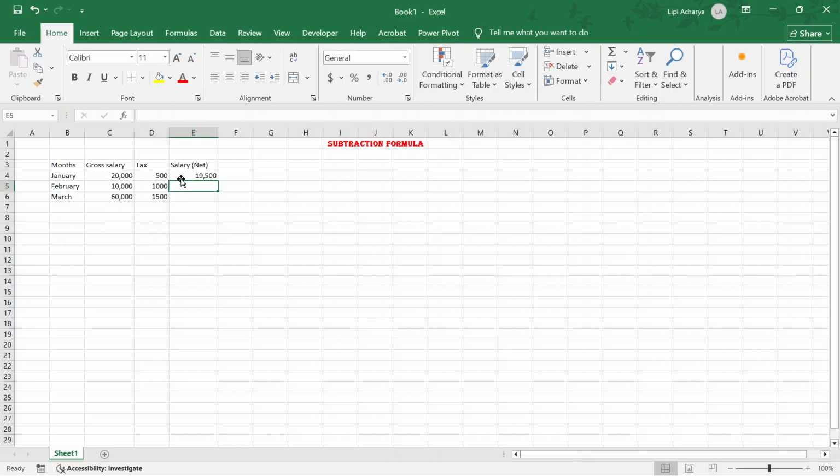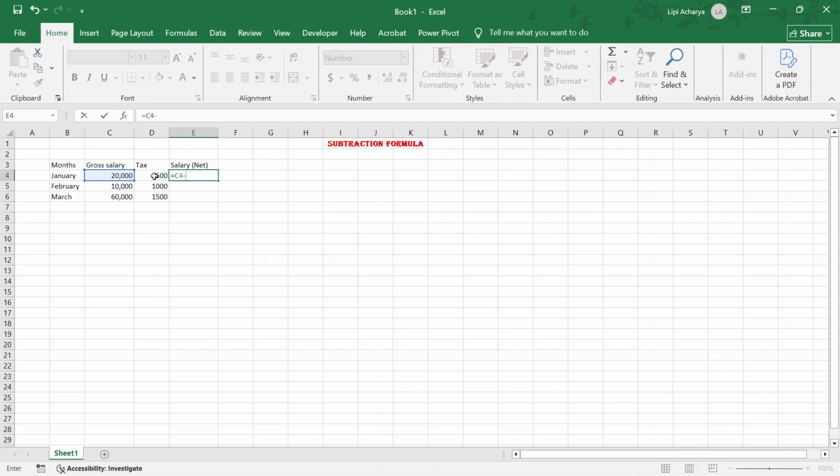See, your answer is coming. What I have done, simply I wrote the equals to sign. Then I clicked the first gross salary, that is C4. I put the minus sign.